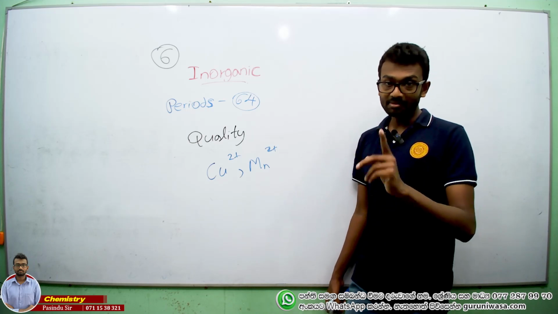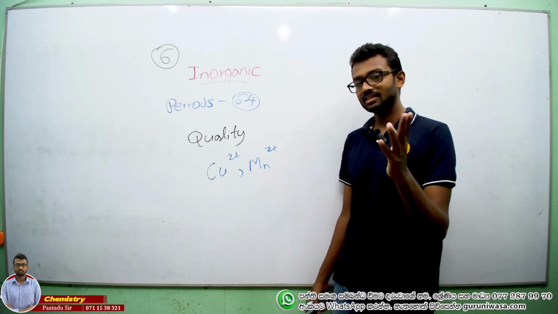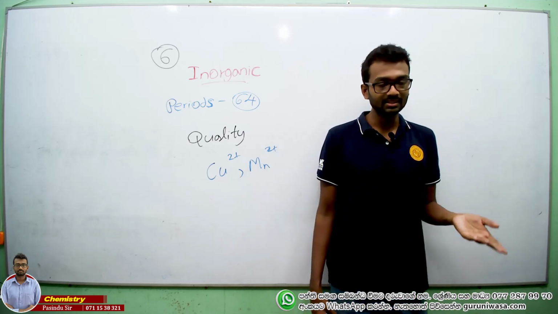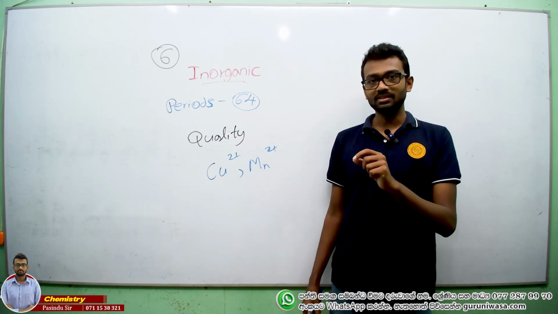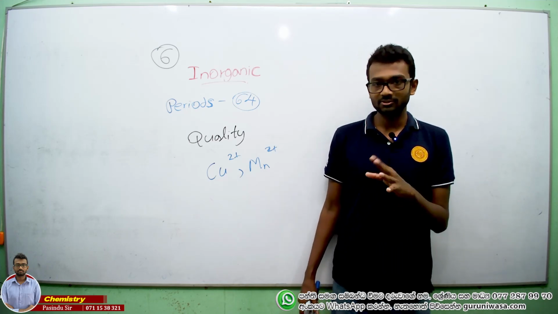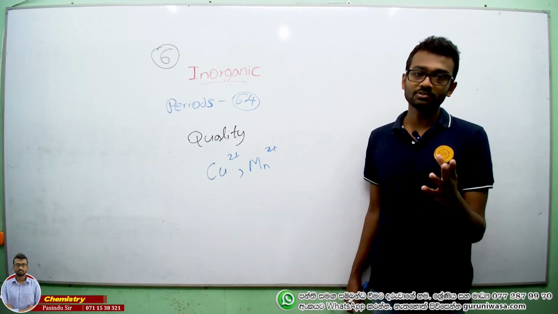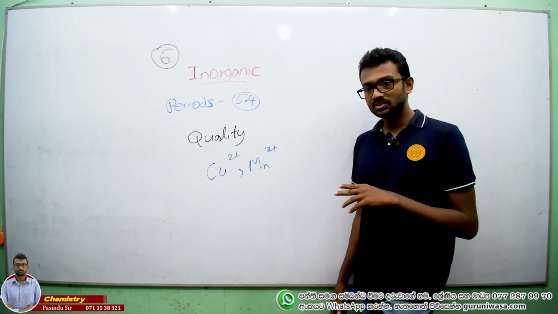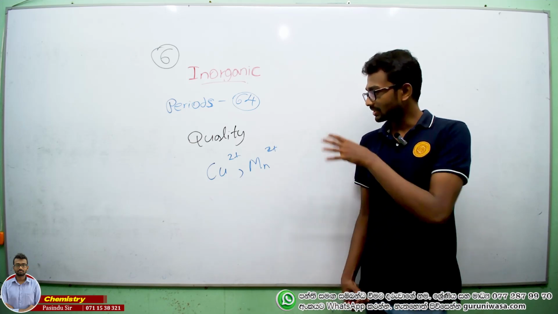But remember in calculations, like physical chemistry, even if you know nothing, if you write a few things, at least the equations, then you can achieve some marks. That's the important difference.